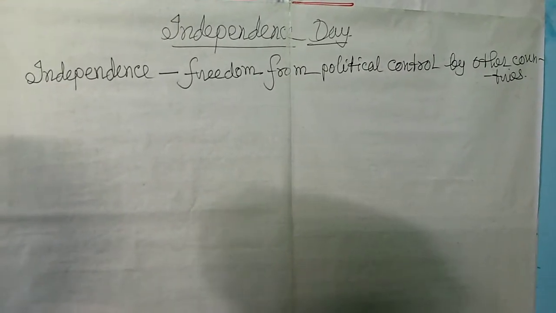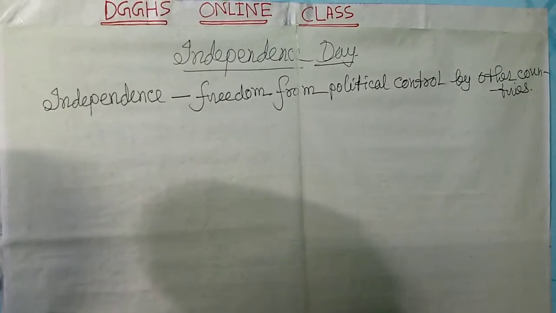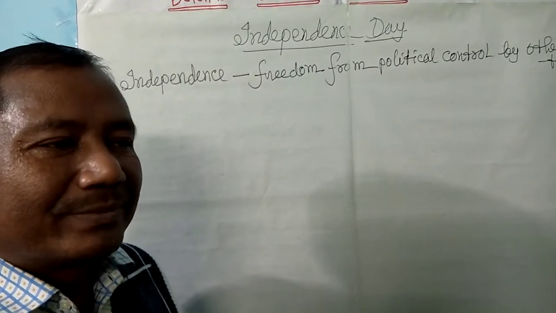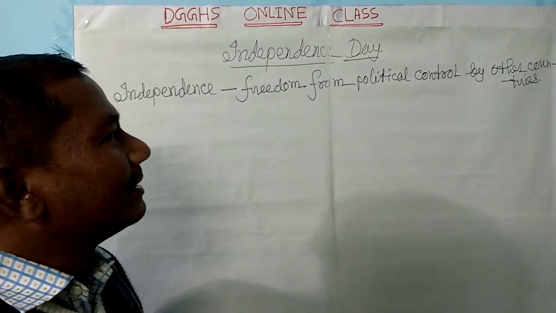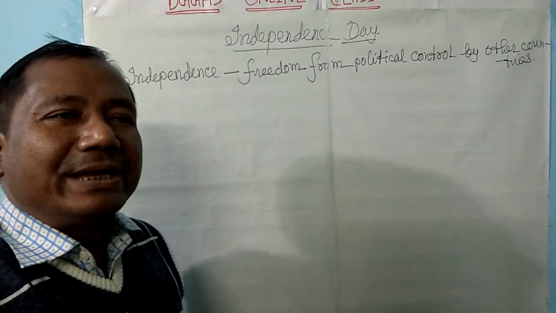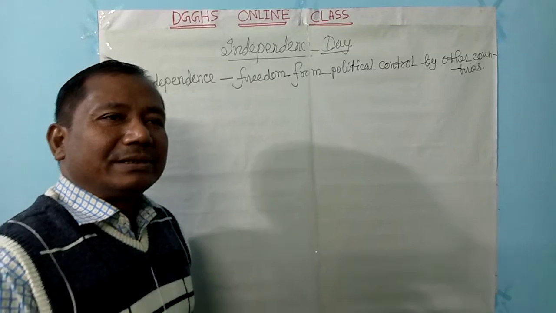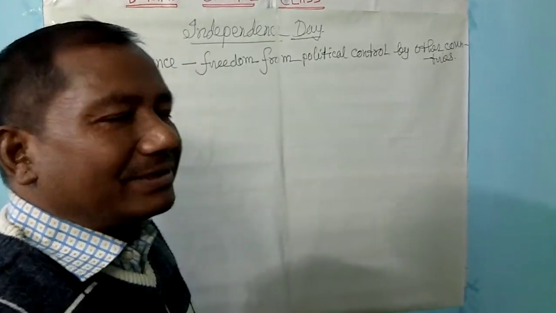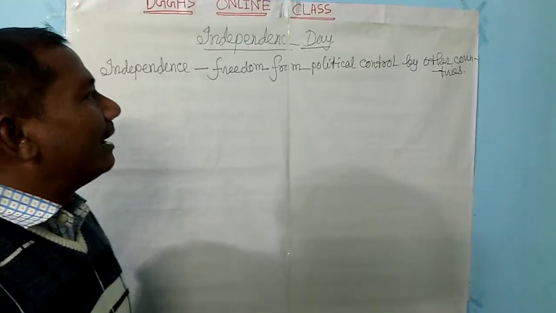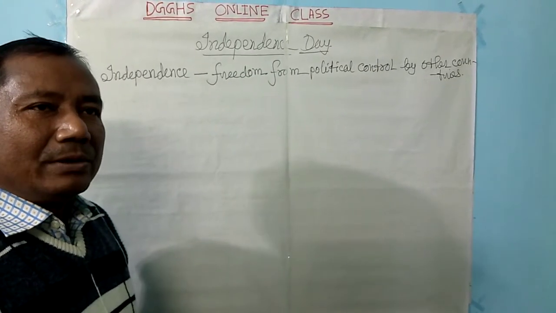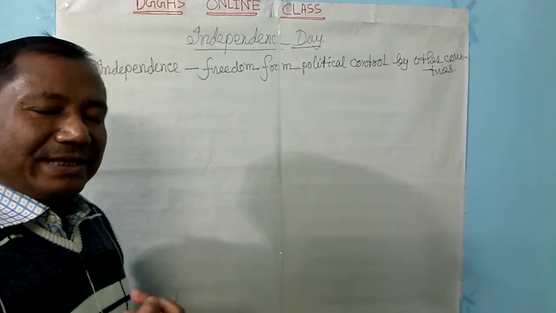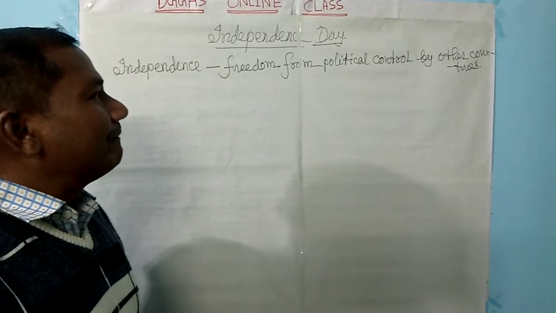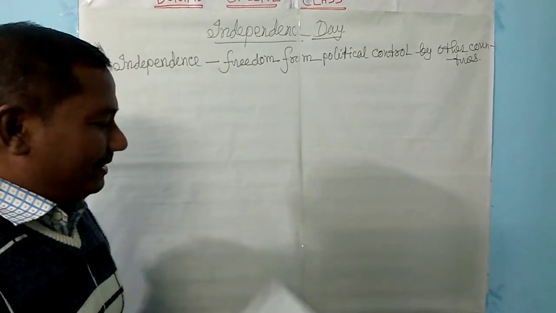You know that our country was a part before 1971 of Pakistan, and the Pakistani rulers ruled us. So we had no political control. They controlled us. But in 1971, we achieved the political control. We snatched the control from them and we achieved it. And our country became independent. So independence means freedom from political control by other countries.